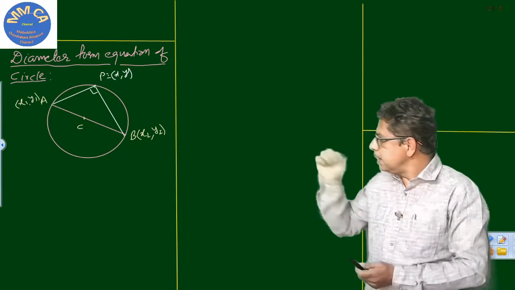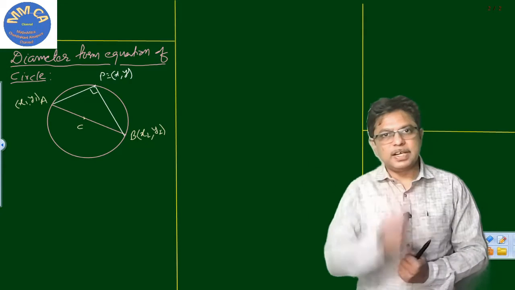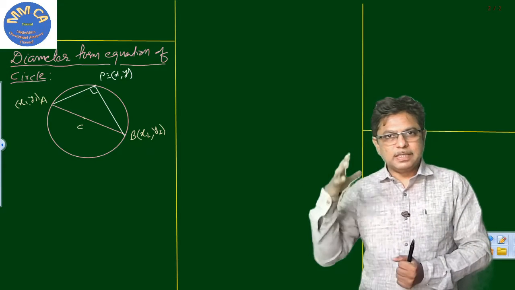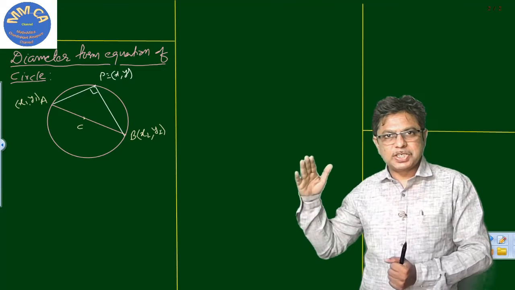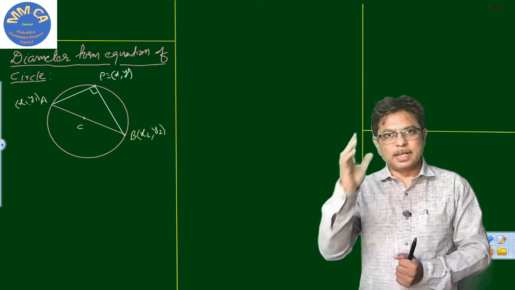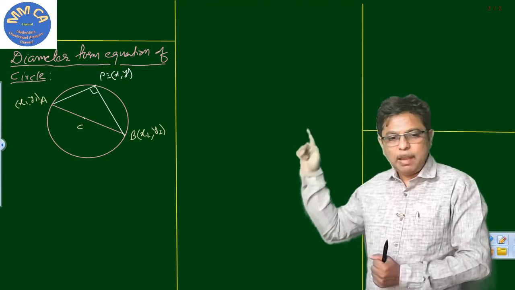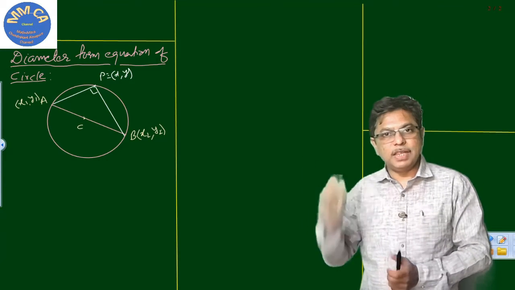Now see the property which you have studied in 10th standard: the diameter subtends a right angle in the circumcircle. That is, angle APB is 90 degrees.